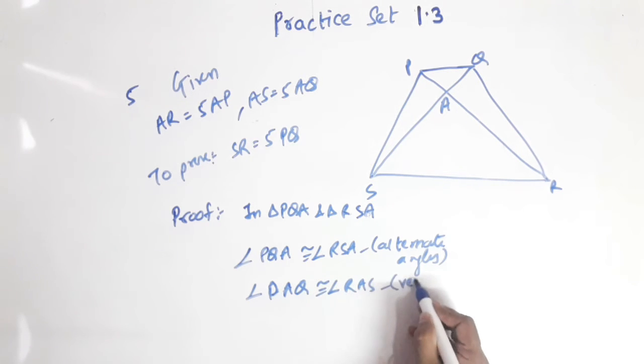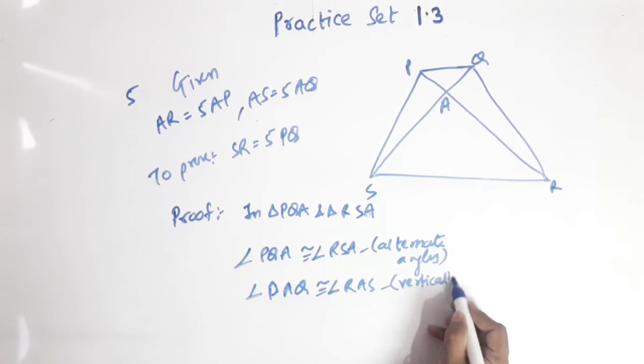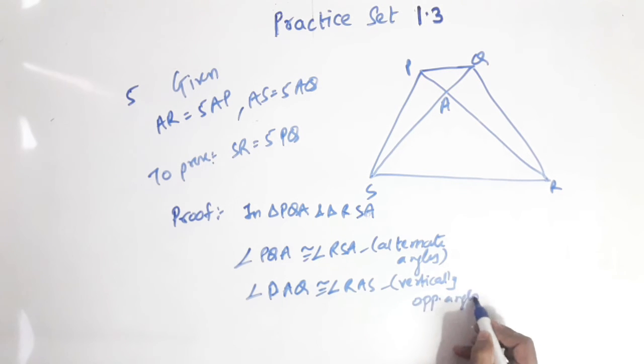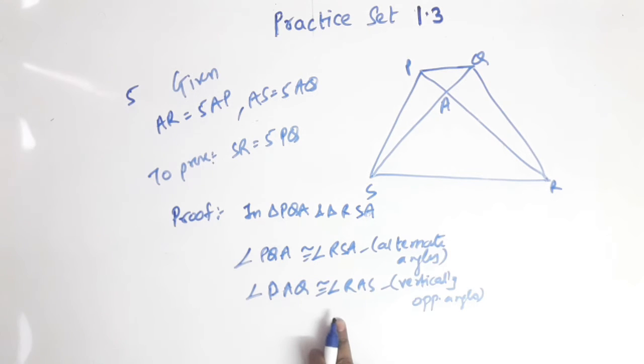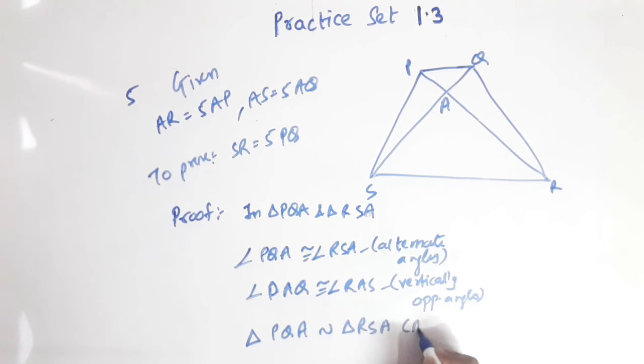You can see they are vertically opposite angles. Okay, now because two triangles have two congruent angles, I can write triangle PQA is similar to triangle RSA by AA test.